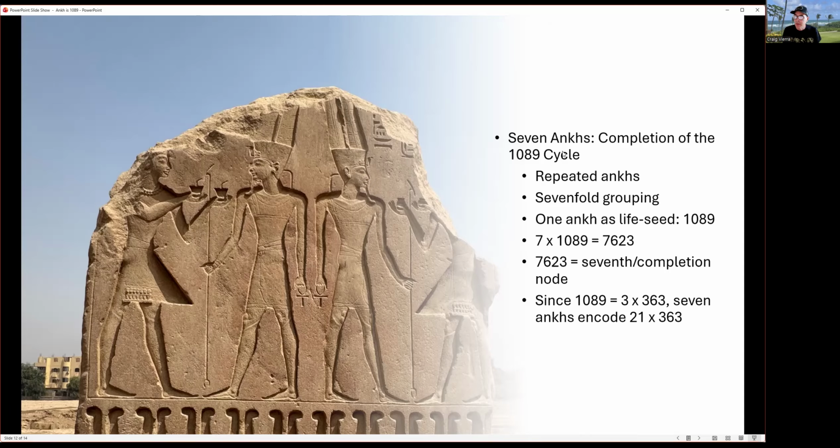But the 7 ankhs, completion of the 1089 cycle, 1089 times 7, 7623. Sevenfold grouping. 1 ankh as the life seed, 1089. 7 times 1089, 7623. Look at this.